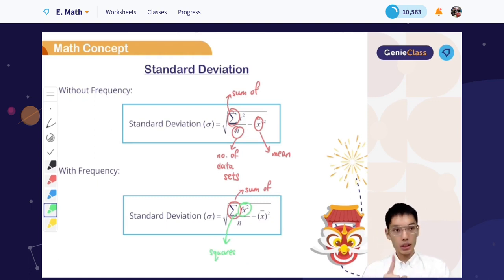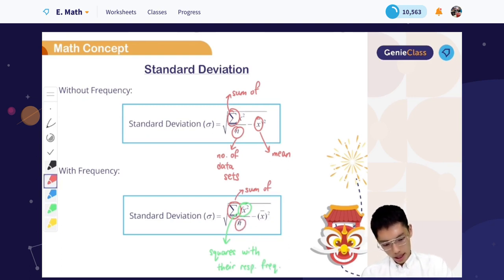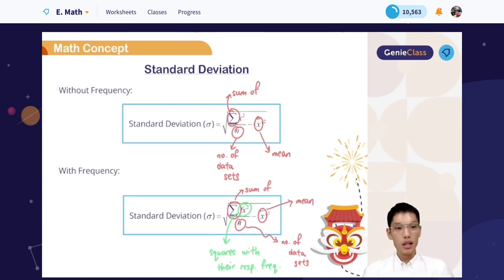And just take note of the keywords here. When I go through examples, it will definitely be much more clearer. All right. So just take note of the keywords here that I mentioned. So squares with the respective frequency. And over here, we are looking at the number of data sets. And in this case, the mean over here is what we're looking for.